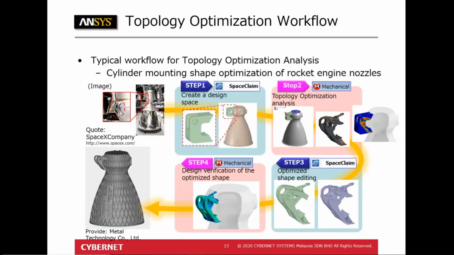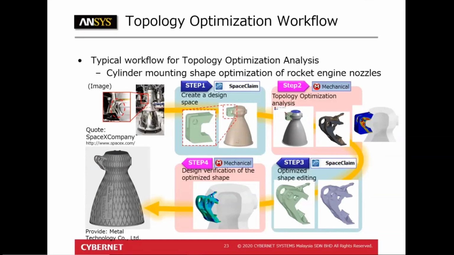So this is basically how the optimized shape can be obtained. After the optimized shape has been generated, the calculated topology optimization shape is usually uneven and composed of a large number of facets. So the next step will probably be to edit or clean our optimized shape a little bit.